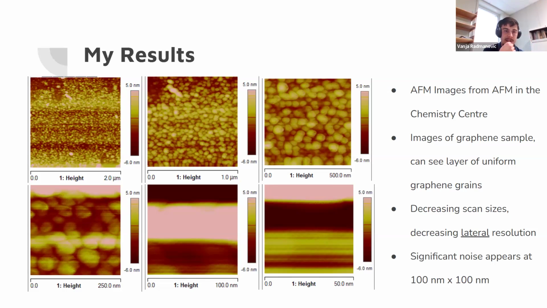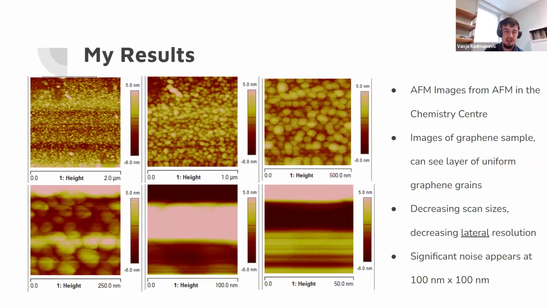What's important to note here is that to the right of each of the 6 images, there's a scale. I don't know if you can see my cursor to the right, where it goes from dark, which is around -6 nanometers, to the bright part, which is about +5 nanometers, which means we have a scale of around 11 nanometers in the Z resolution, because X and Y are the other measurements.